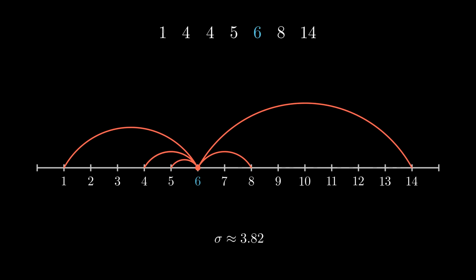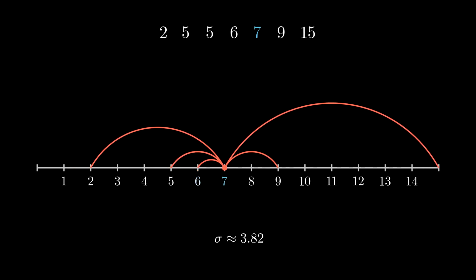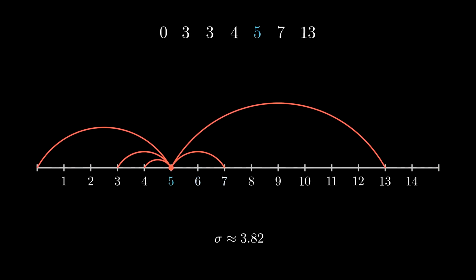Okay, we'll discuss briefly also the way the standard deviation responds to changes in the data set. If every number is increased or decreased by the same amount, say we push them all up a bit, or maybe we decrease them all by a bit. Okay, these red distances, the length of those red gaps, they don't change, so our standard deviation stays the same.